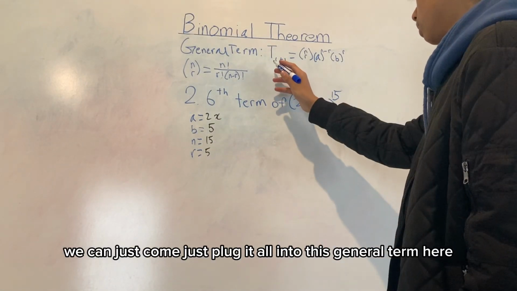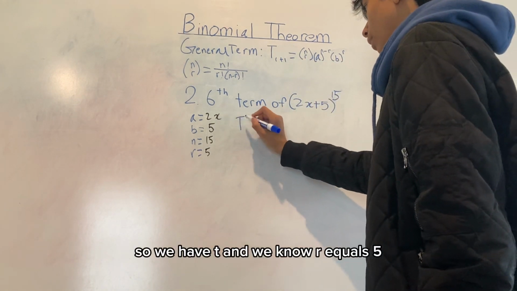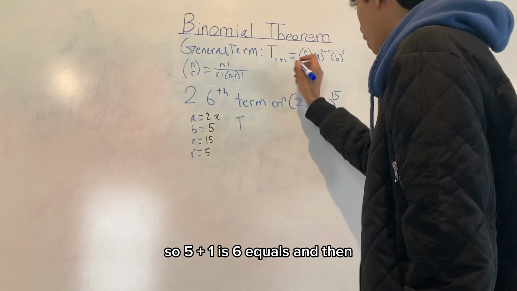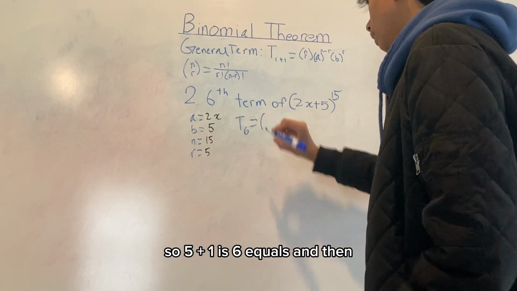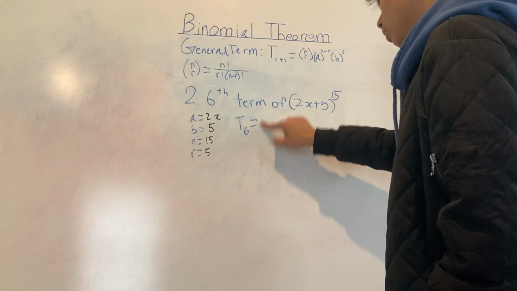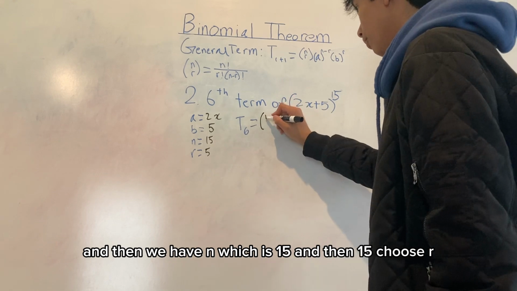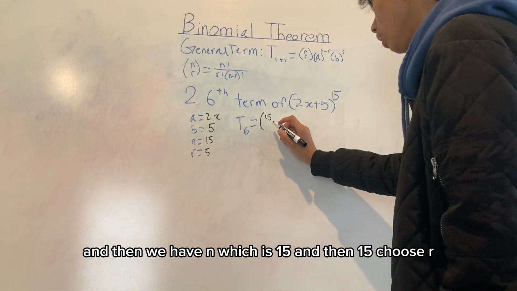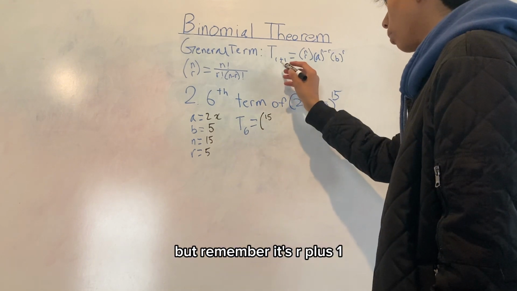We can just plug it all into this general term here. So we have t, and we know r equals 5, so 5 plus 1 is 6, equals, and then we have n, which is 15, and then 15 choose r. So r equals 5, even though it says here it's 6, but remember it's r plus 1.